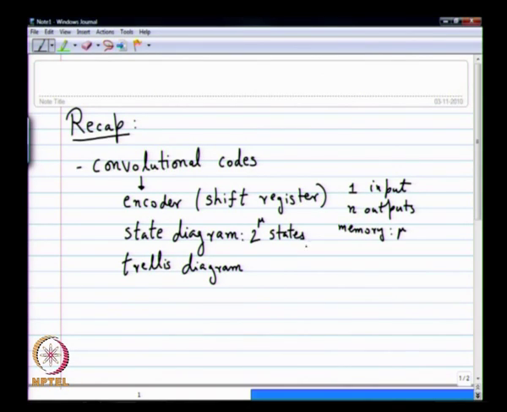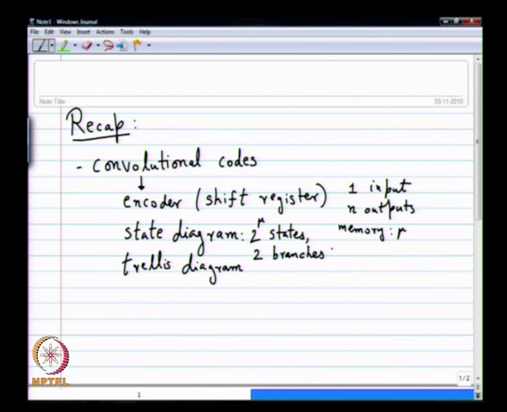And how many branches out of each state? Two branches out of each state. How many branches into each state? 2 branches in and out of each state, right?